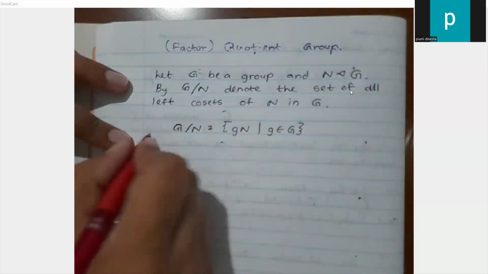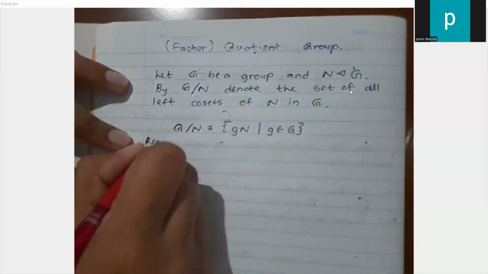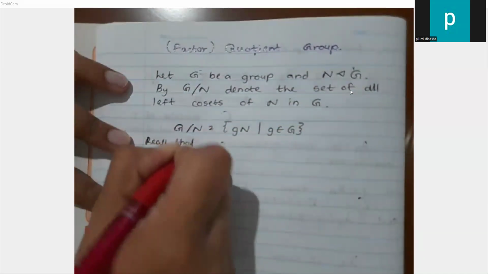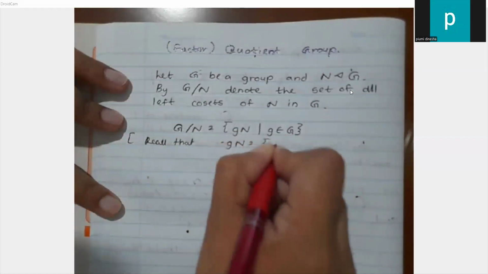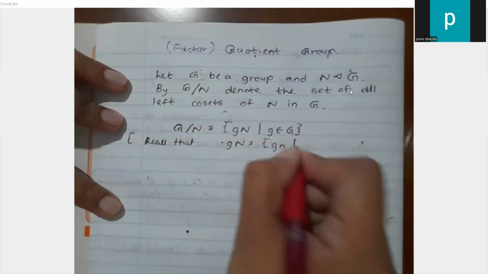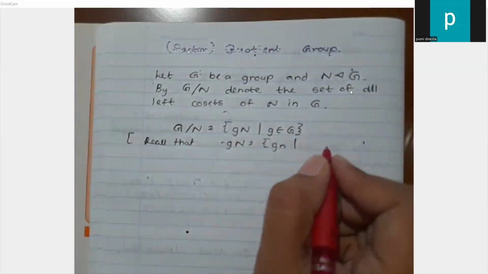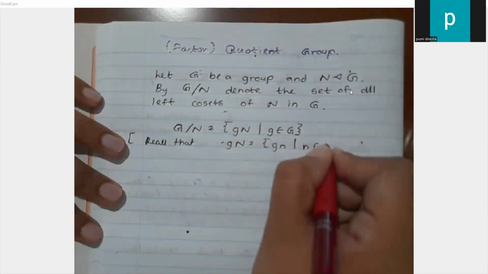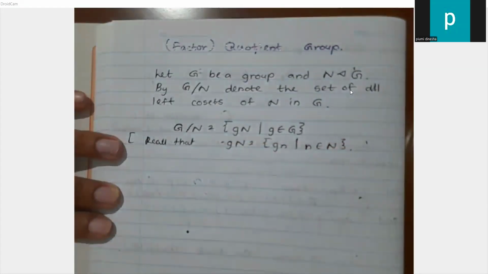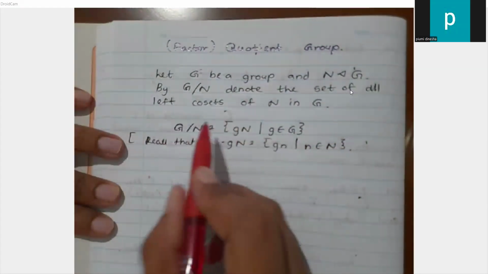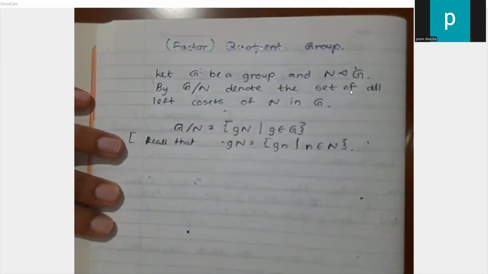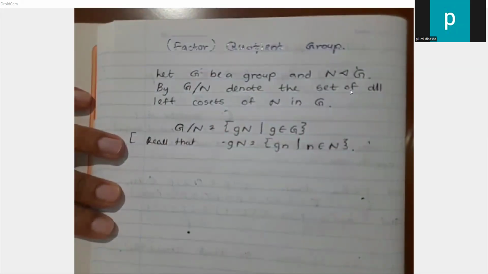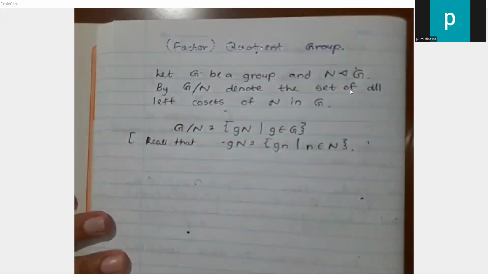And recall that gN is defined to be the set containing elements of the form g times n, where these n's come from N, right? So now this set is defined to be the set of all left cosets of N in G. Observe that N is a normal subgroup of G, right?